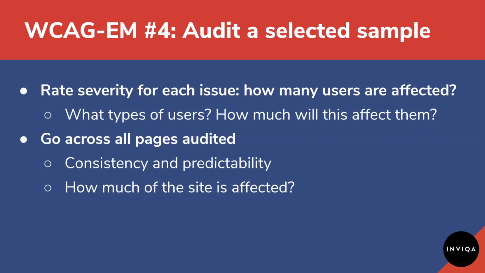For example, if they're not able to complete a crucial task, like adding tickets to the basket, this is severe. But if it is more of a user experience issue, where they can still do the task, but it's, let's say, clunky, this is a different level of severity.